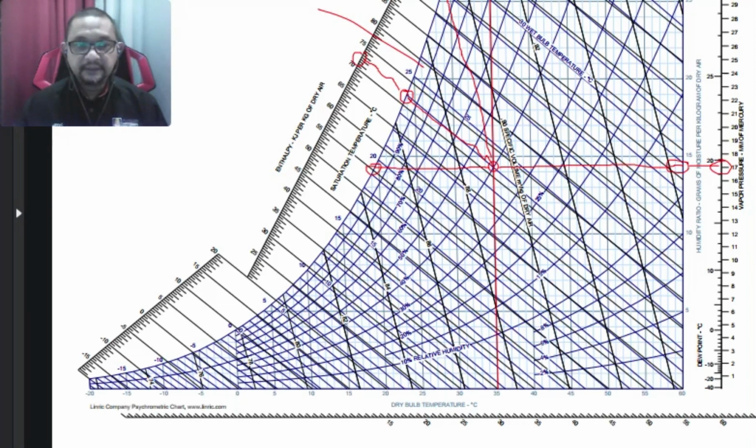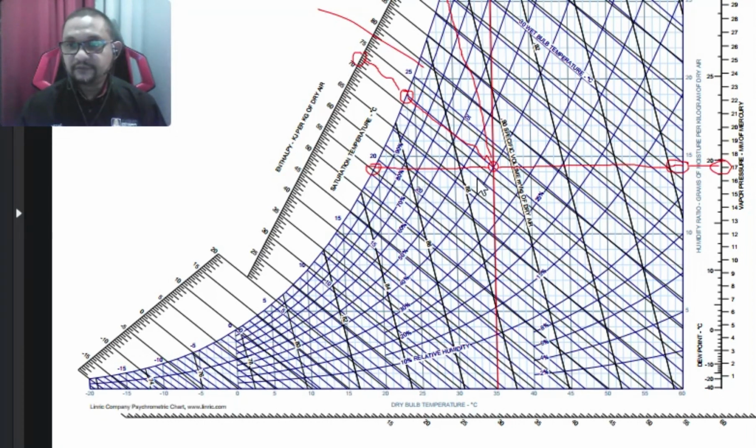And lastly, the specific volume per unit mass of dry air is determined by noting the distance between the specific state and the constant volume lines on both sides of the point. So how do you get this specific volume per unit mass?